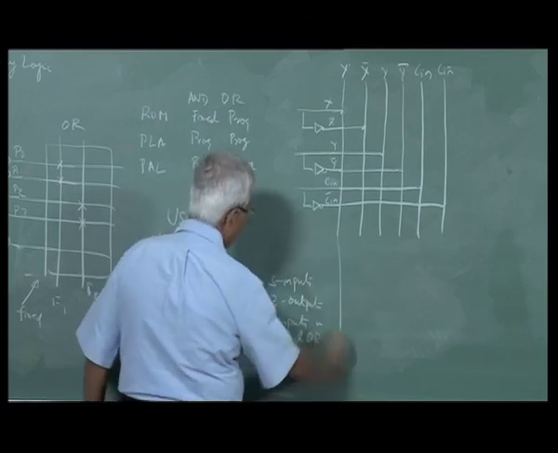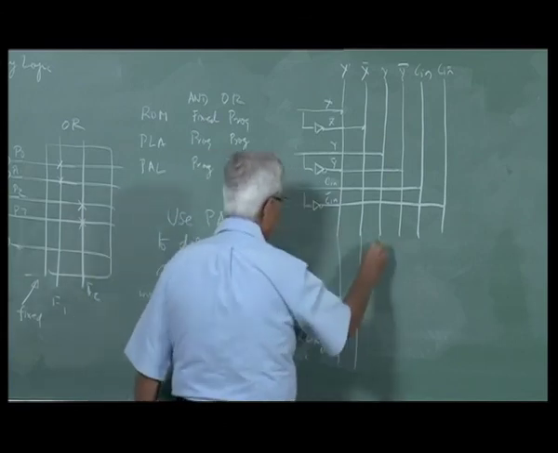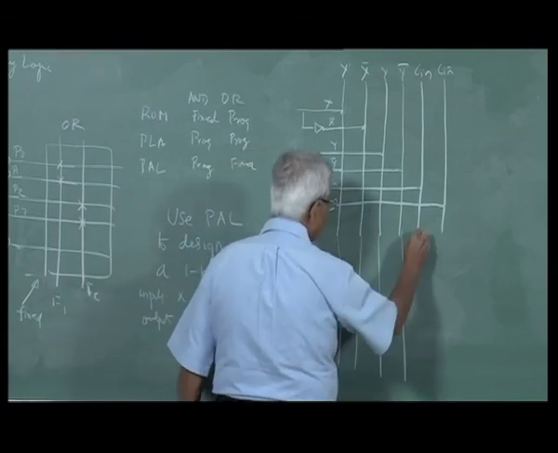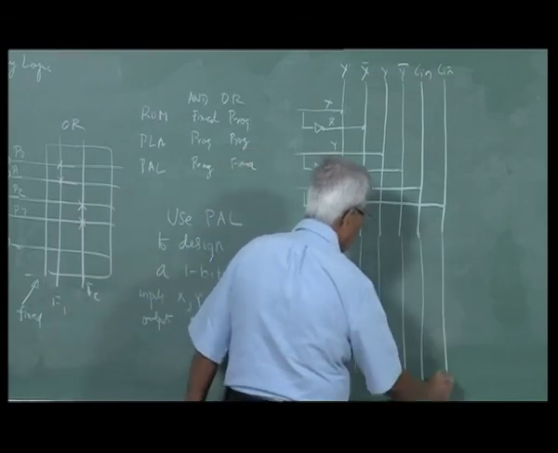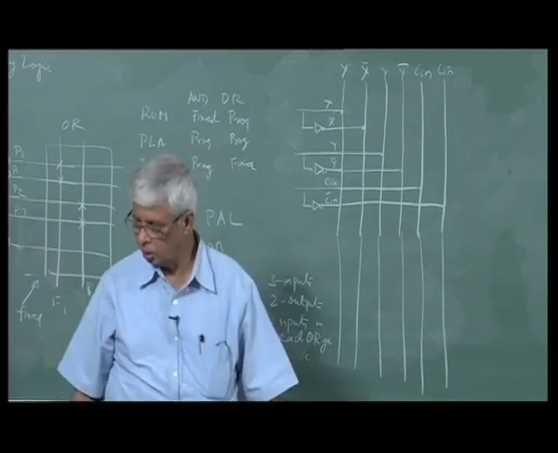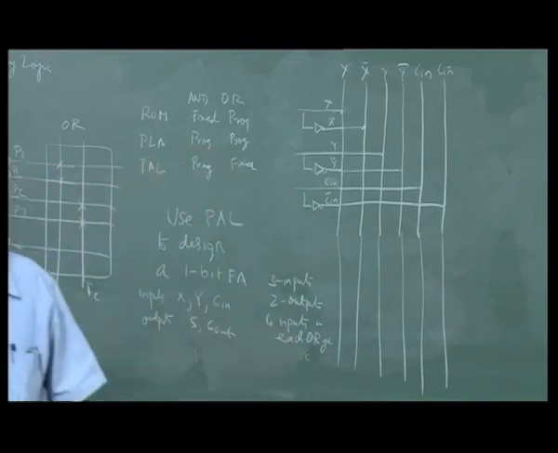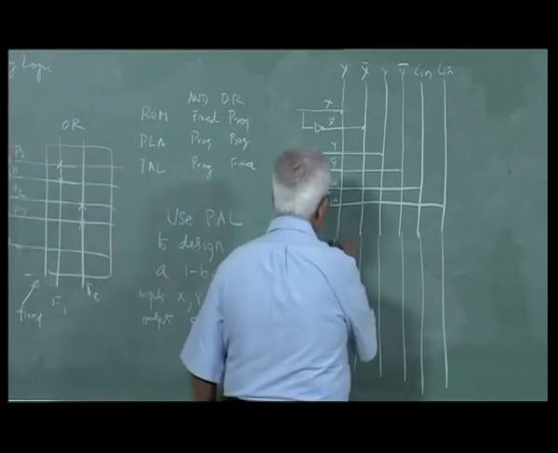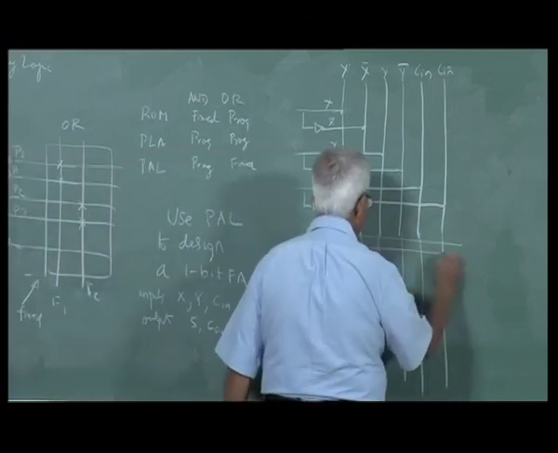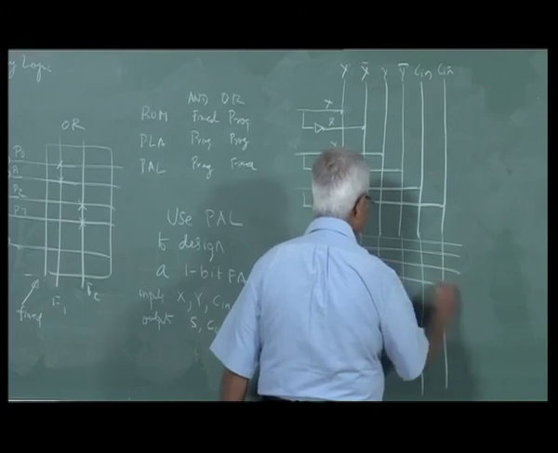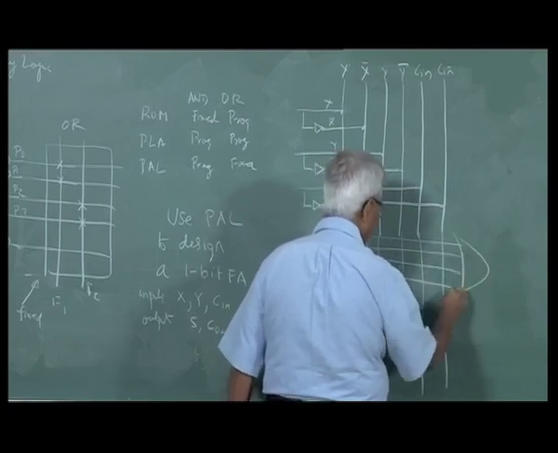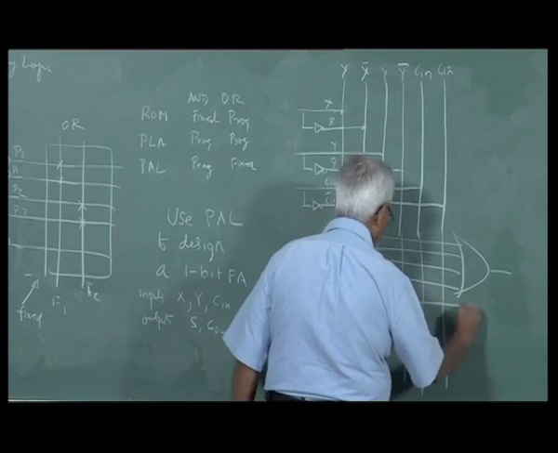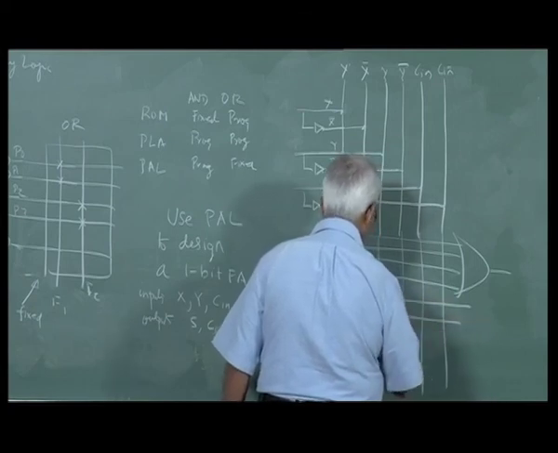So I have here these fixed OR gates: 1, 2, 3, 4 inputs into one OR gate, and again another OR gate with 4 inputs.